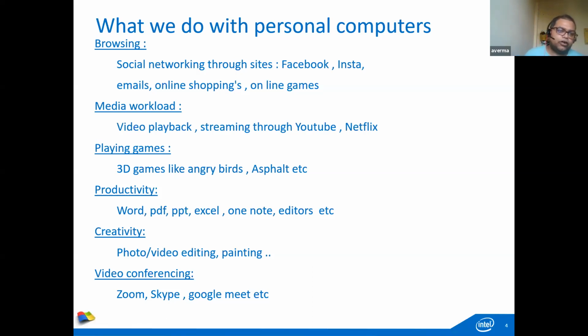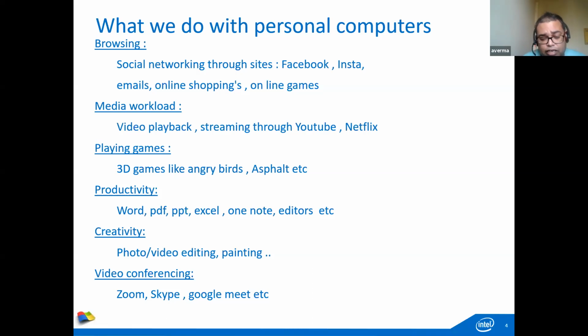Now, browsing can again be divided into different subgroups or sub use cases. We use it nowadays for different social networking sites like Facebook, Instagram, Twitter, or Telegram, and many more, right? Then we also use it for emails, online shopping, and online games.